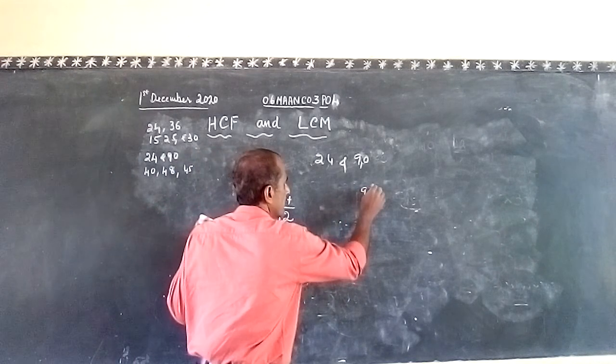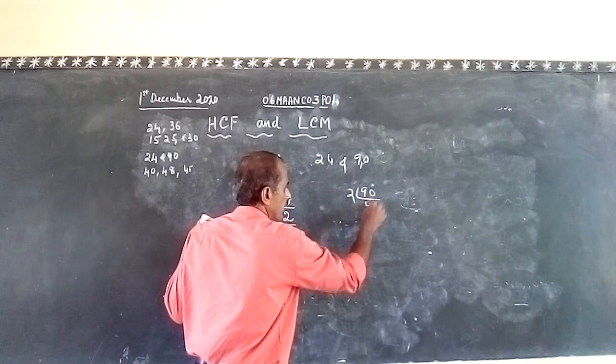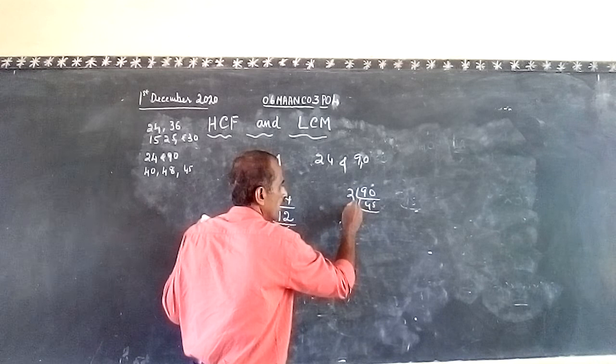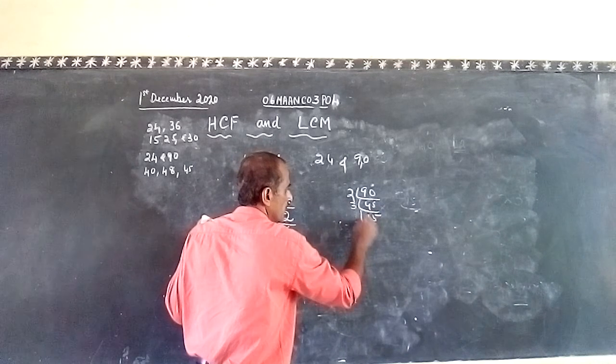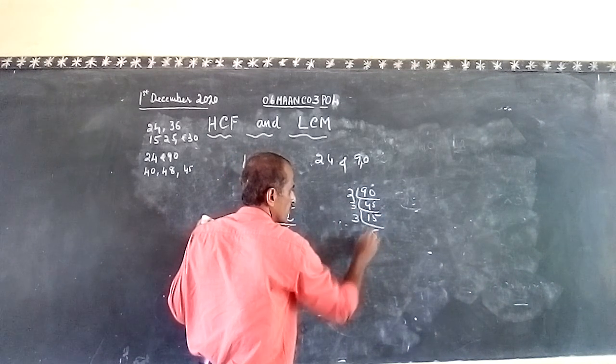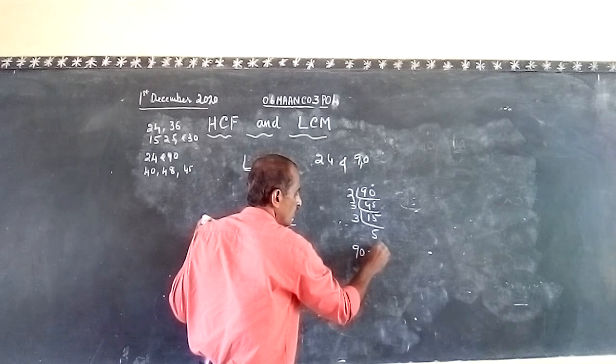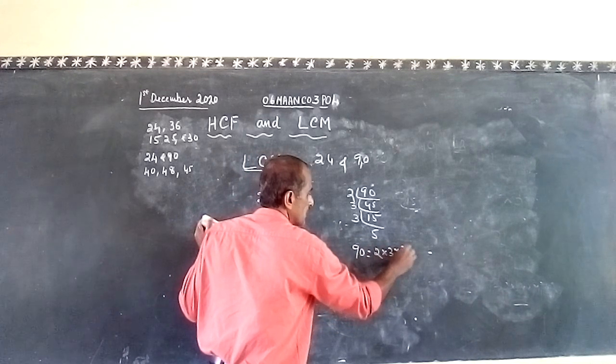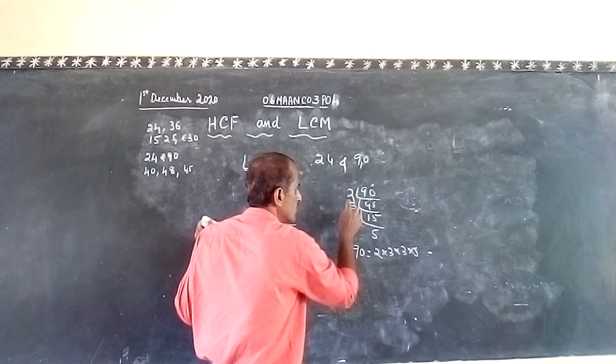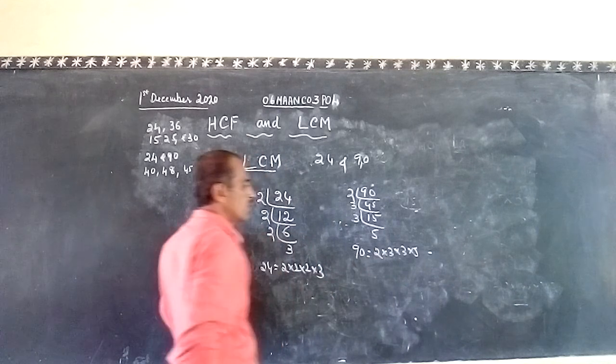Then 90: 2 45s are 90, then 3 15s are 45, 3 5s are 15. So 90 is equal to 2 into 3 into 3 into 5.